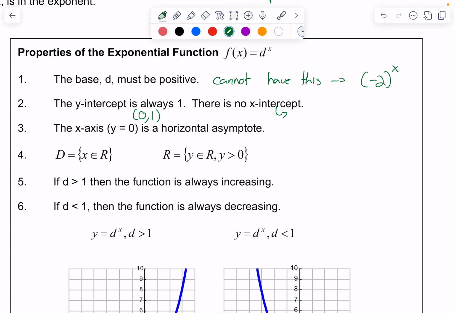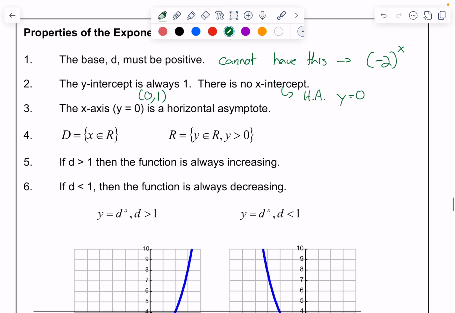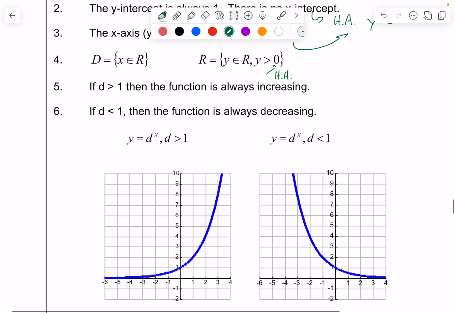There is a horizontal asymptote, which we call HA, at y equals 0. The x-axis, y equals 0, is this horizontal asymptote. That's this right here. Domain belongs to the real numbers. Range is being bigger than your horizontal asymptote. This is your HA. Okay? And then if d is bigger than 1, like in our first example, example number 1, you're always increasing.